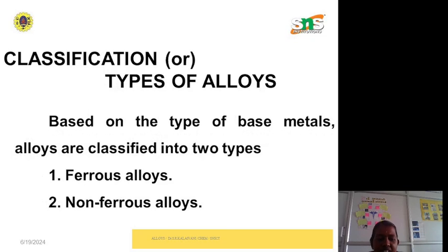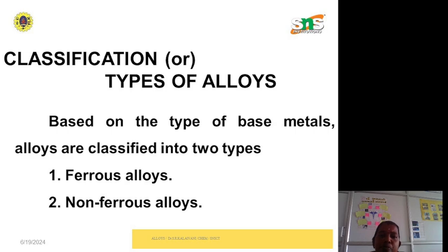The next, classification of the alloys. In the previous chapter we discussed the heat treatment of alloys and the types of heat treatment of alloys. Heat treatment of alloys can be classified into 6 types: annealing, hardening, tempering, normalizing, quenching, then the nitriding process. The next, move to types of alloys.